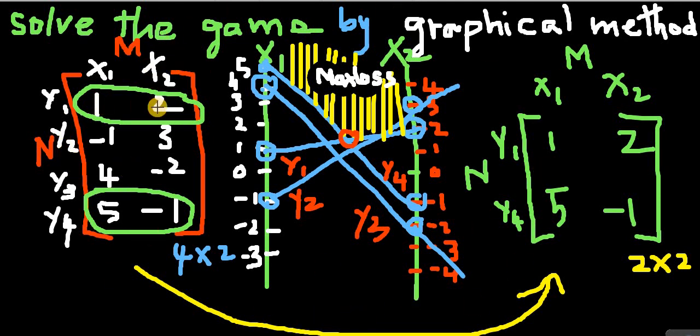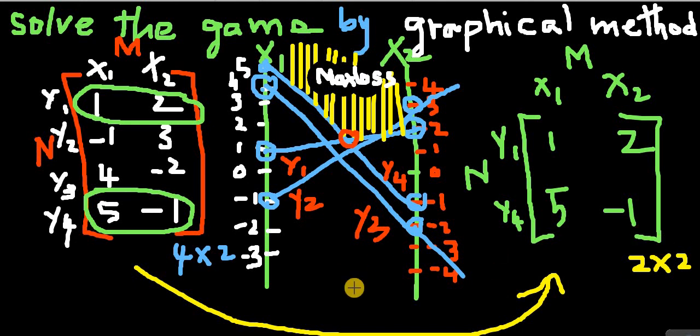If M has only two strategies, then we have to take the upper area, because that will be the loss to B. Suppose N has only two strategies, then we have to take the downward area, because that will give the minimum gain to the player N. So the lower area we have to take. Only that you have to remember.